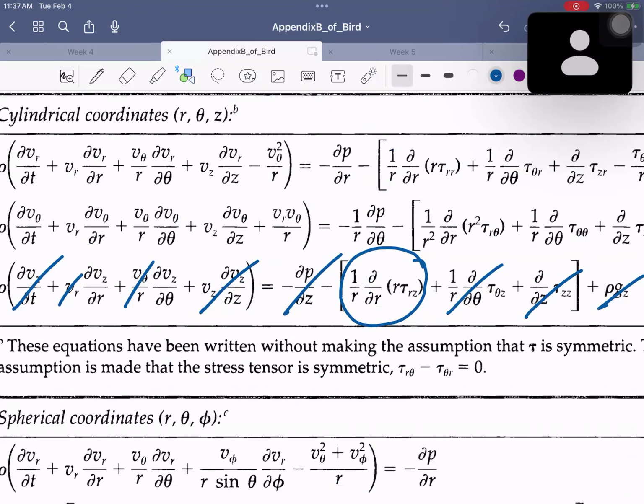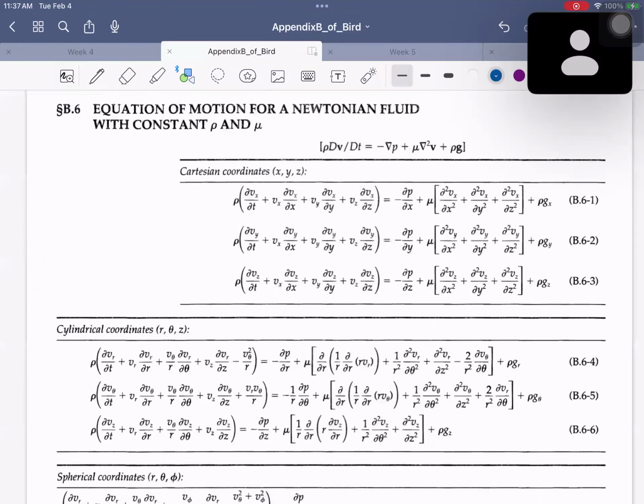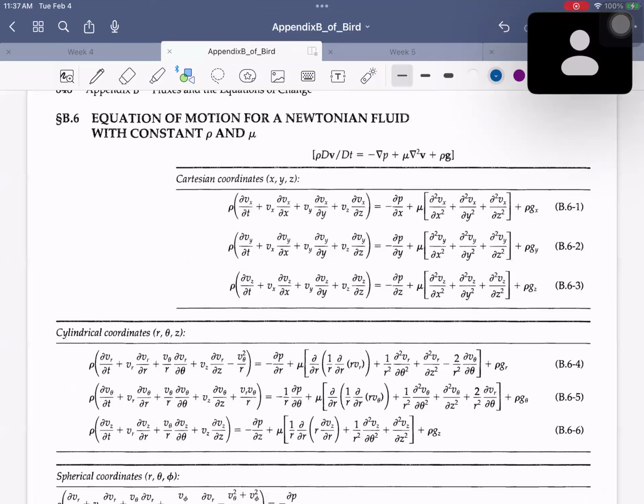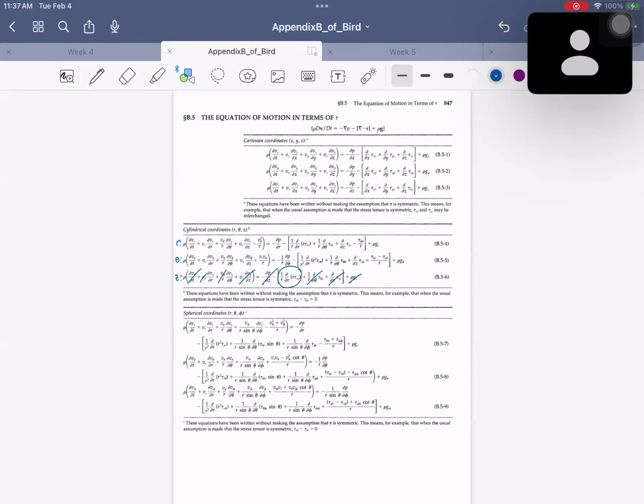So again, even if we are familiar with using the Navier-Stokes equation B6, it doesn't mean that you cannot apply B5 equations. You can do that too, because basically B5 and B6 equations are all the same, except that the Navier-Stokes equation can be used for incompressible fluid and Newtonian fluid only, all right?